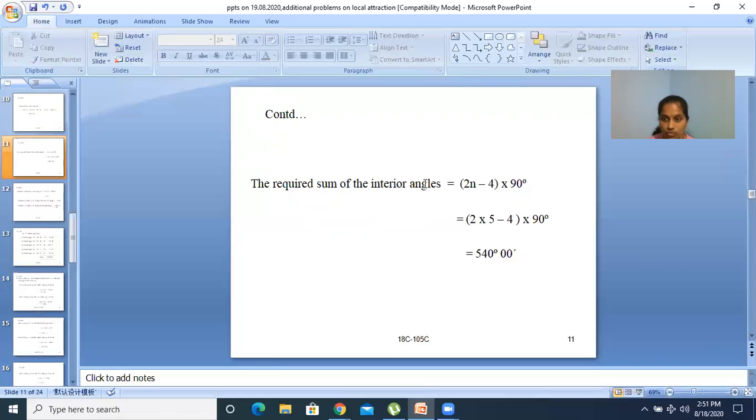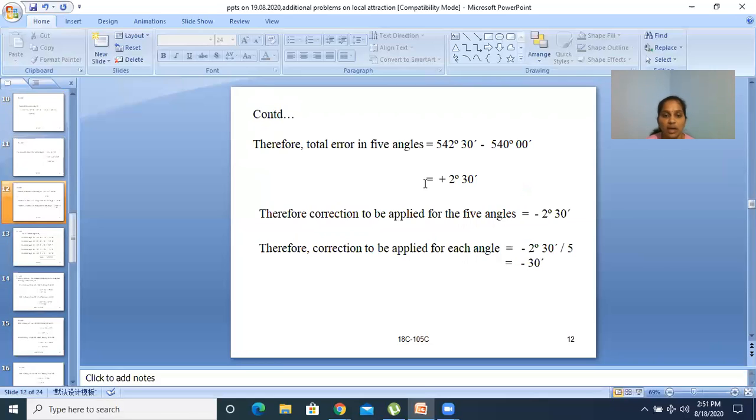Then what do we have to do? Therefore, the total error in 5 angles is equal to 542 degrees 30 minutes minus 540 degrees, that is 2 degrees 30 minutes. This error occurred due to local attraction. That is plus 2 degrees 30 minutes is the error.